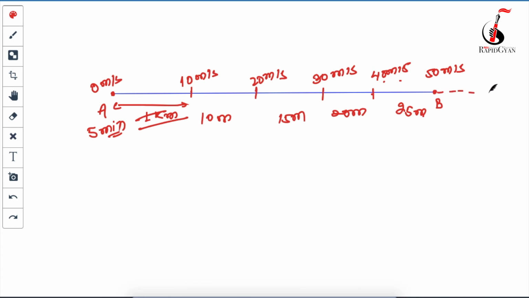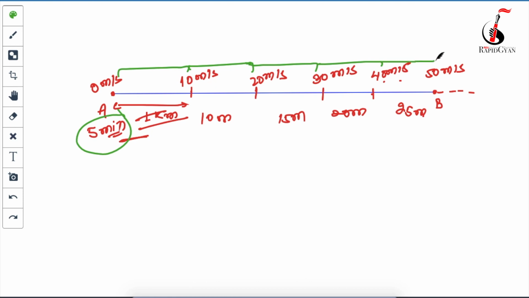In this way your speed is increasing. What you are seeing is that after every 5 minutes your speed is changing. Earlier it was 10, then 20, then 30, then 40, then 50, and it's changing, meaning it's increasing.